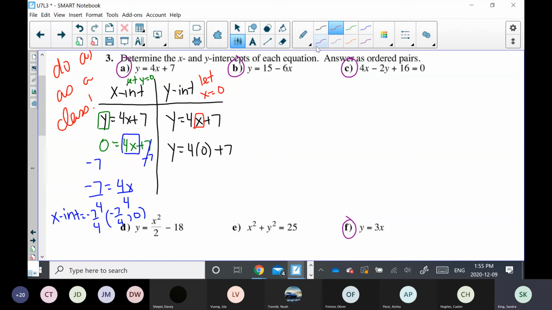Anything times 0 is 0. The y-intercept is equal to 7. That ordered pair would be this. You do not have to graph. So it just wants you for number 3 to do, can you find both intercepts? So I want you guys to do those guys.